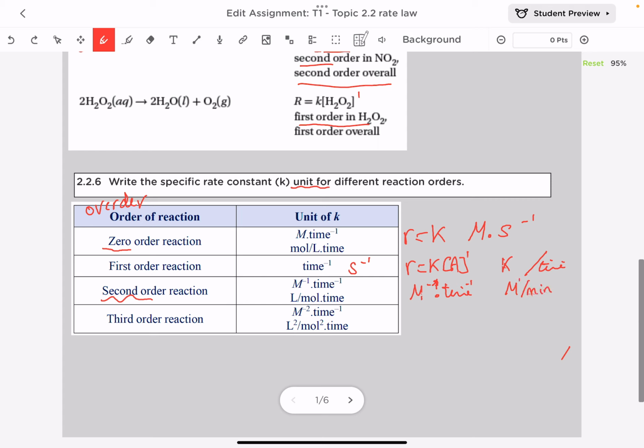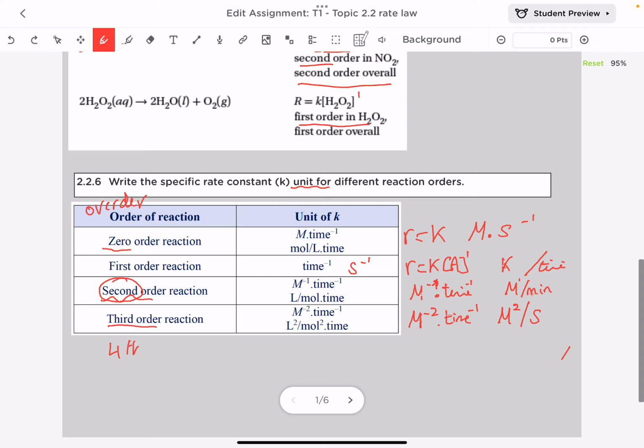So M to the power of minus 1 means that the reaction is second order. If the reaction is third order, therefore M, molarity, to the power of negative 2 per time. So for example, M minus 2 per second.